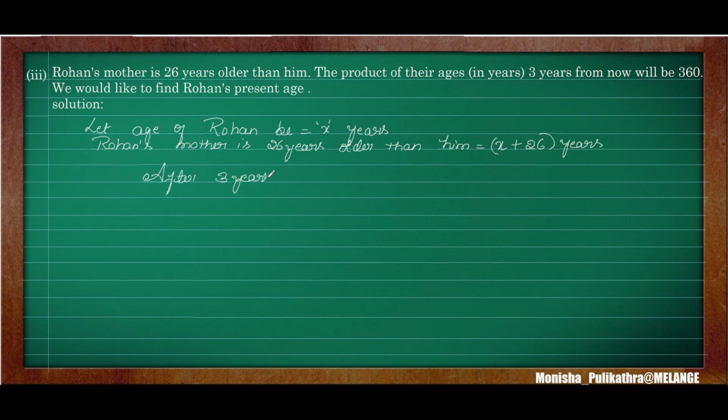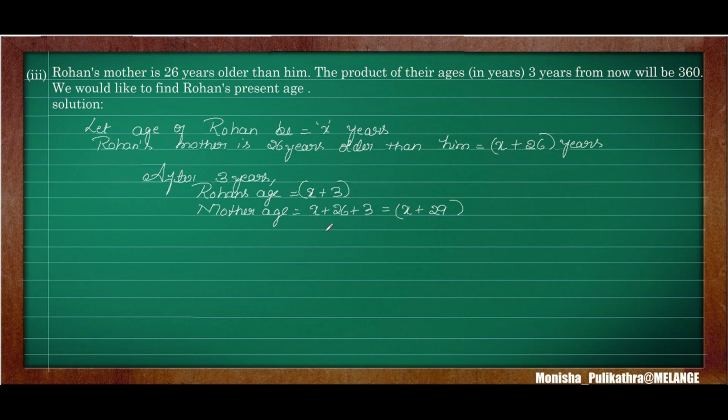After 3 years, Rohan's present age is x, so after 3 years it will become x plus 3, right? And the mother's present age is x plus 26, so after 3 years it will be x plus 29.